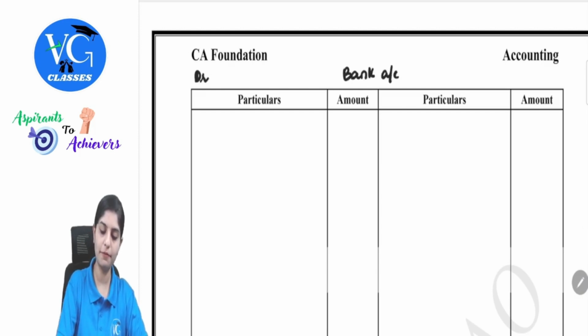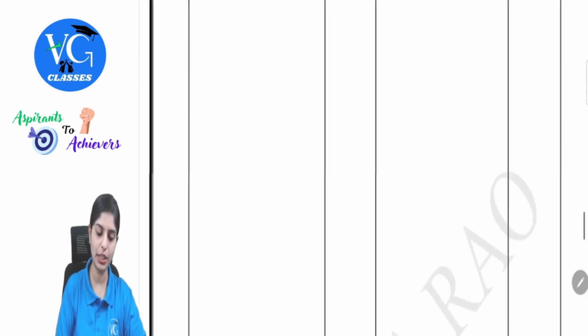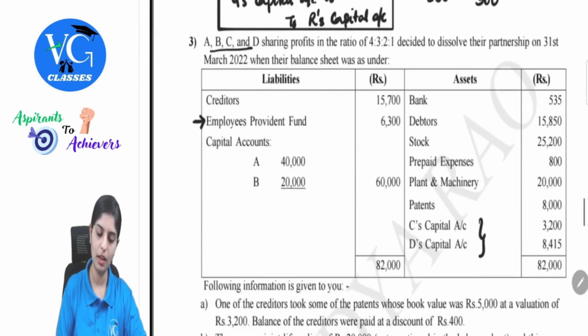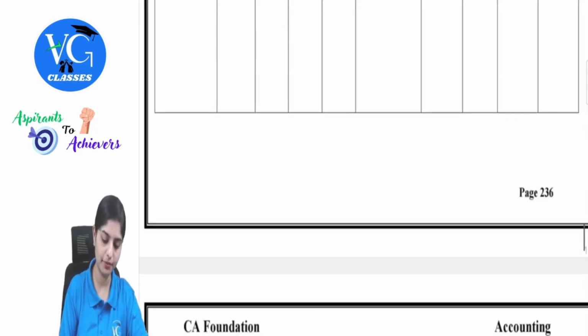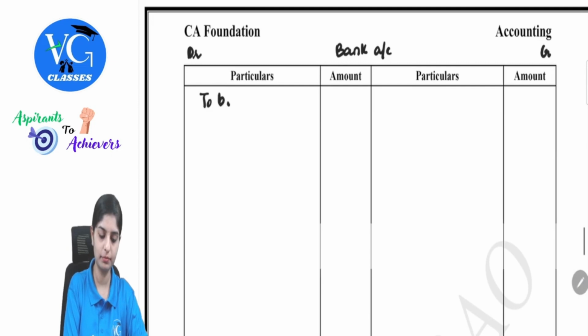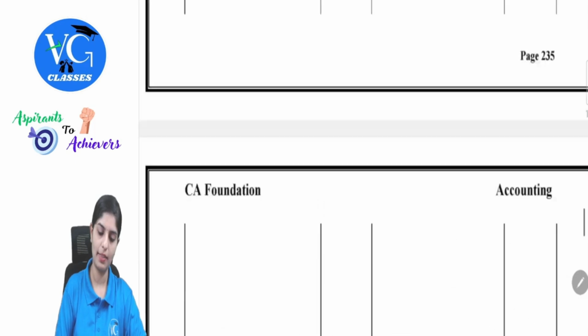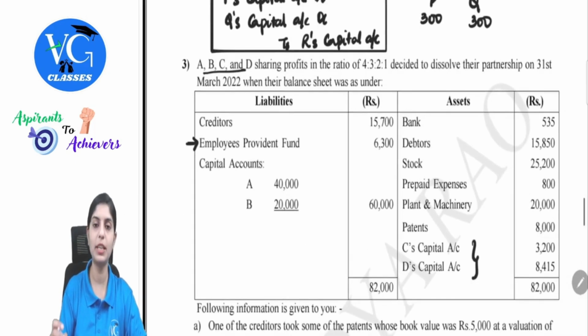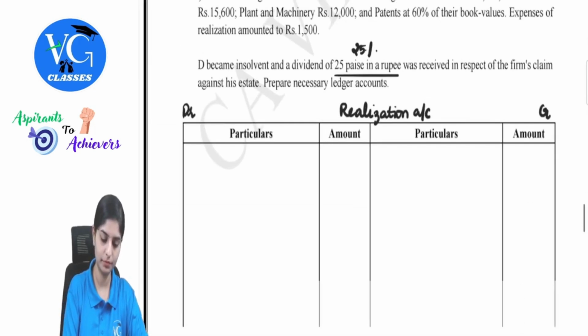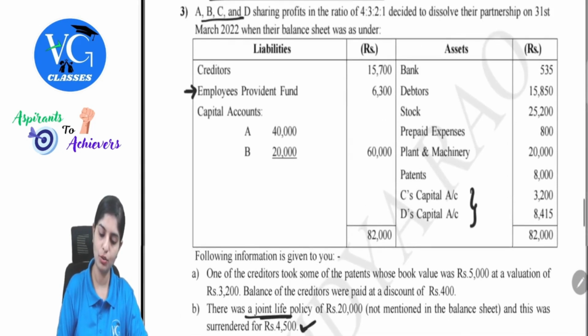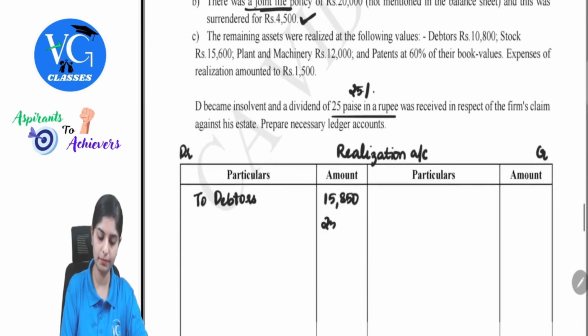Like we are doing normally, the first step is to clear the balance sheet. Bank account 535, so to balance brought down 535. Then we have debtors 15,850. Stock 25,200.